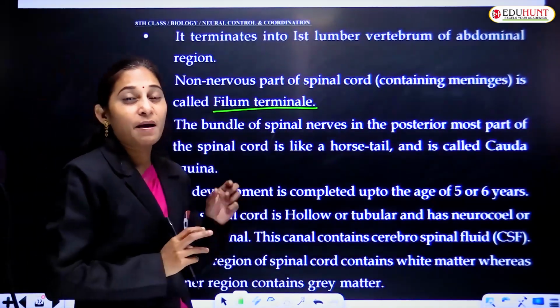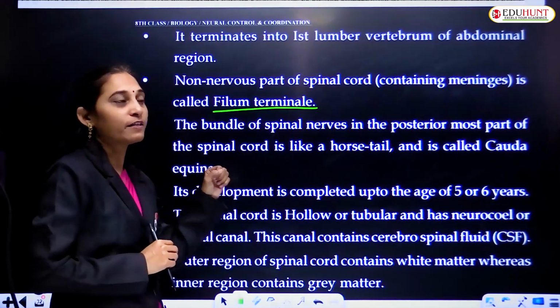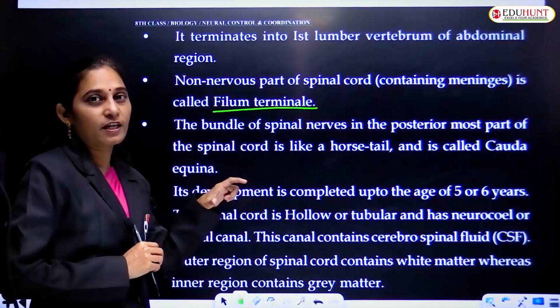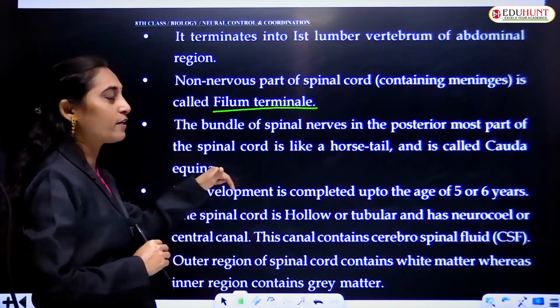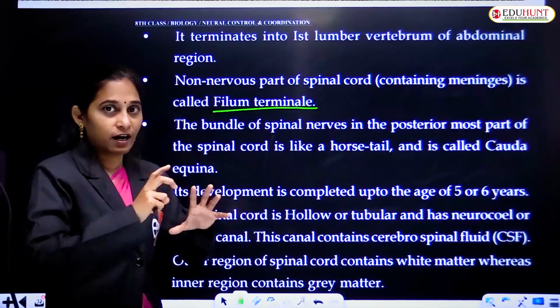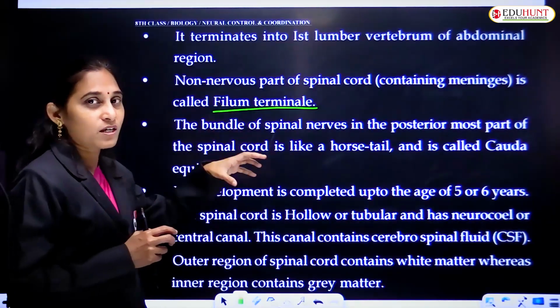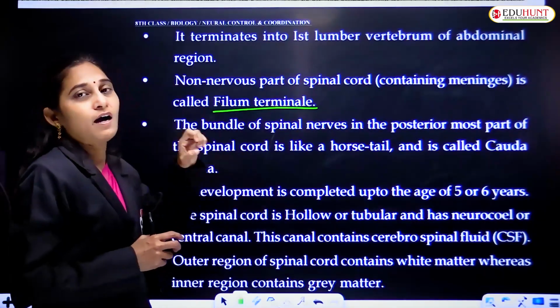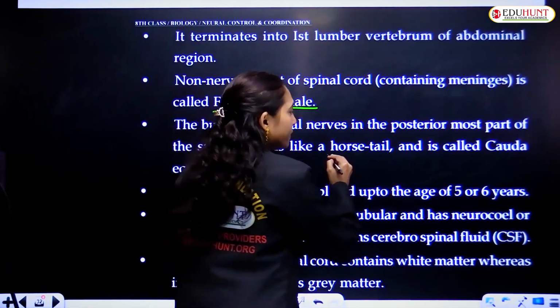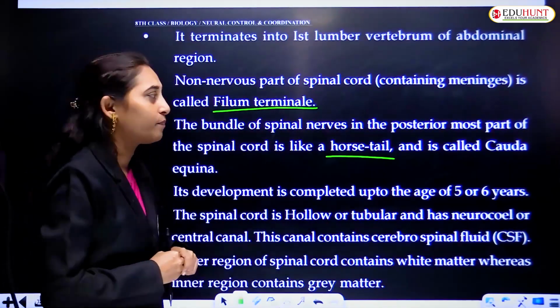It contains meninges, the layers, and the bundle of spinal nerves in the posterior-most part of the spinal cord is like a horse tail. They are the bundles of spinal nerves in the posterior region of the spinal cord. It resembles a horse tail, and it is called the cauda equina.